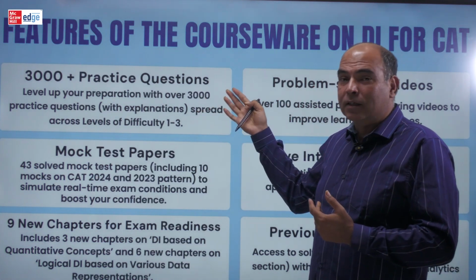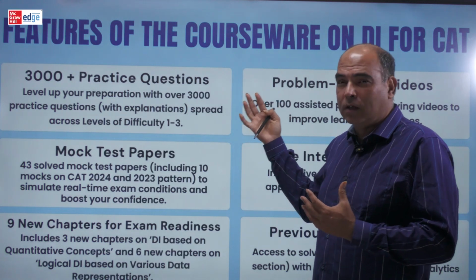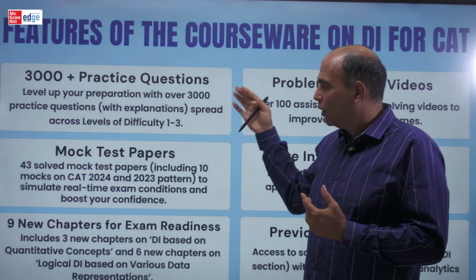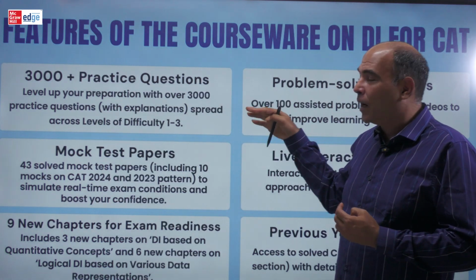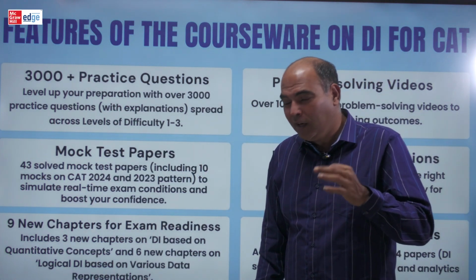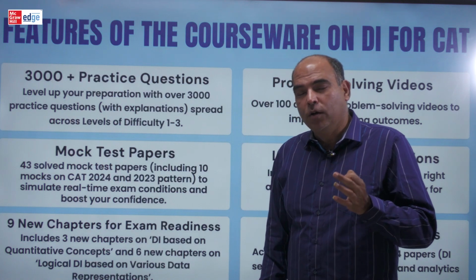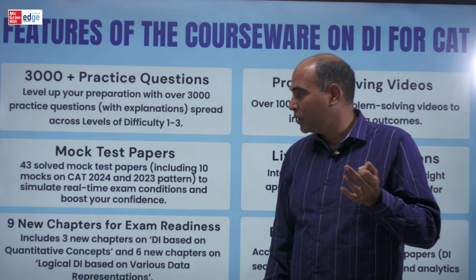3,000 plus practice questions. When I say practice questions, it's more than 800 to 1,000 sets of problem solving experience that you will get in data interpretation. As you know, in data interpretation, theory is limited, and most of what you learn when you study a topic like data interpretation is through problem solving experiences.